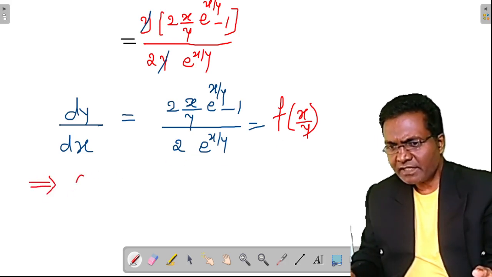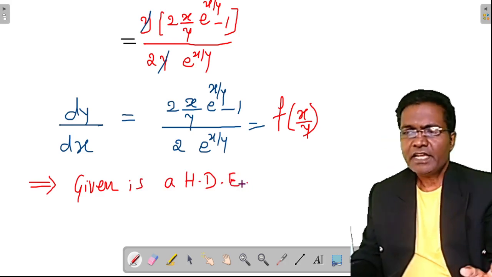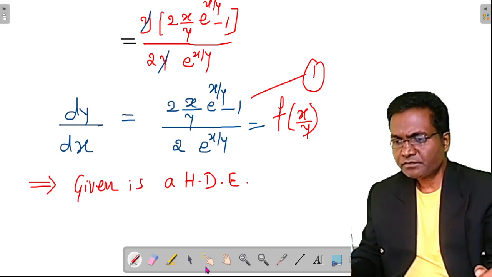So this implies the given equation is a homogeneous differential equation, and I call it equation number 1.